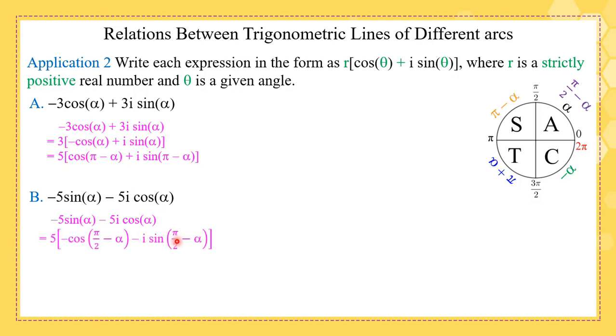If we take 5 in common and we translate the sine into a cosine and the cosine into a sine by using pi over 2 minus alpha, so that the expression is written in this form, we get this answer. Now we need the cosine to be negative and the sine to be negative, and this is in the third quadrant. So we have to add a pi to the angle that exists.